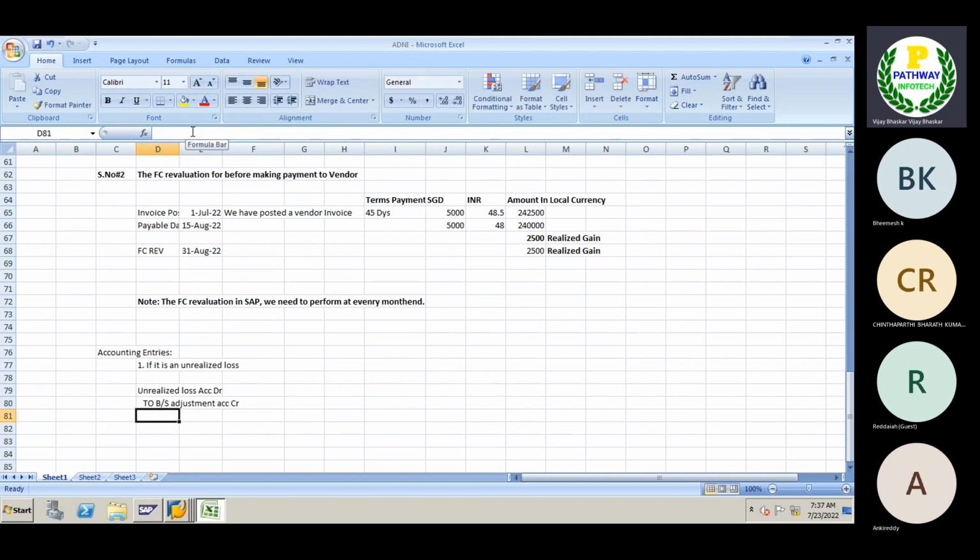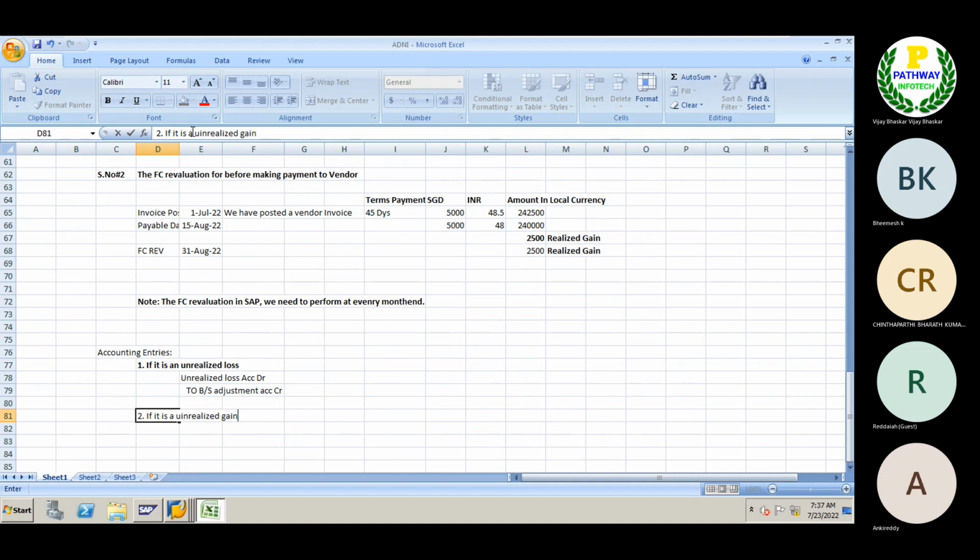Now scenario number 2: if there is an unrealized gain, what is the accounting entry?